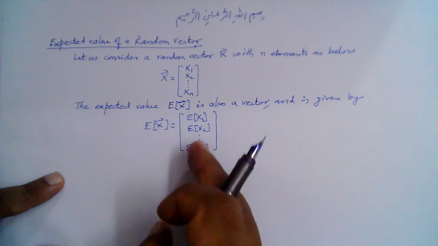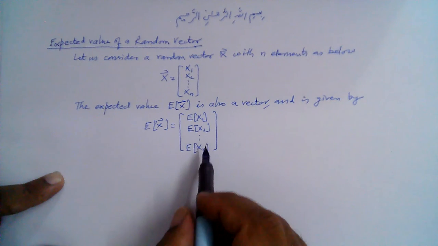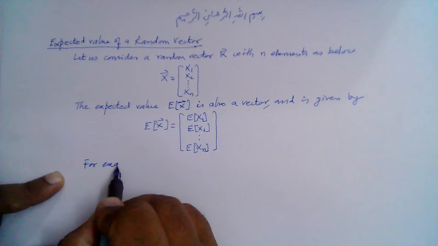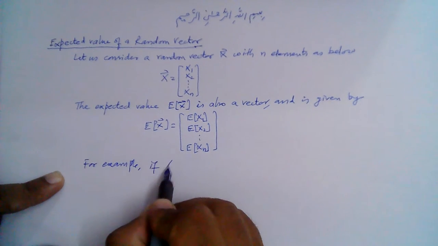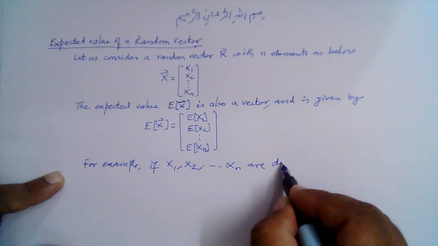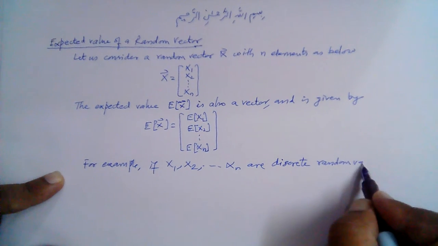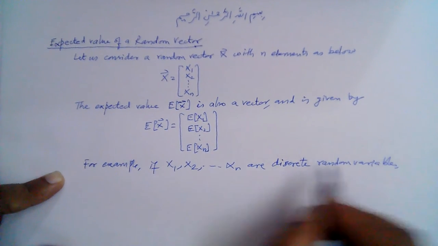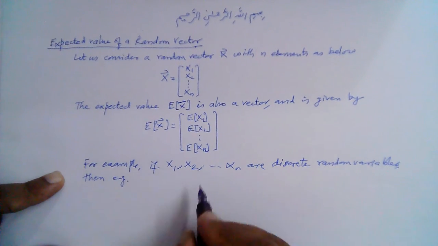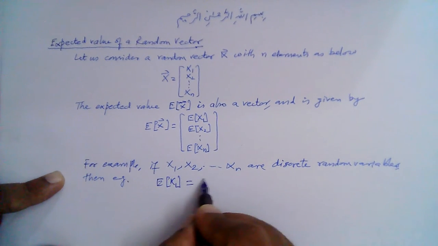So for example, if x1, x2 until xn are discrete random variables, then the expected value of, say, x1 is given by this summation, right?